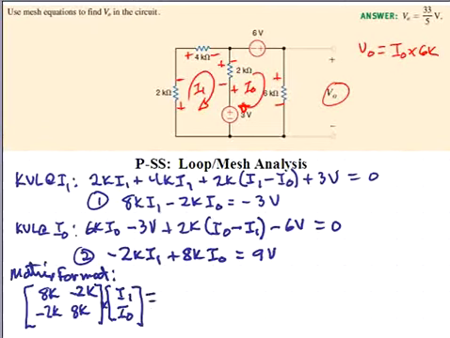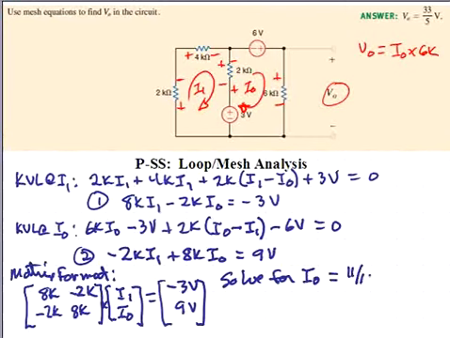And that's equal to our voltage matrix, minus 3 volts, 9 volts. We can solve for the one current IO equals 11 tenths of a milliamp.